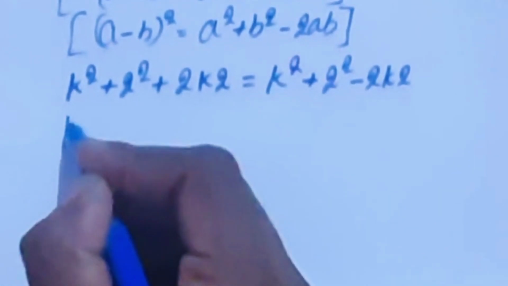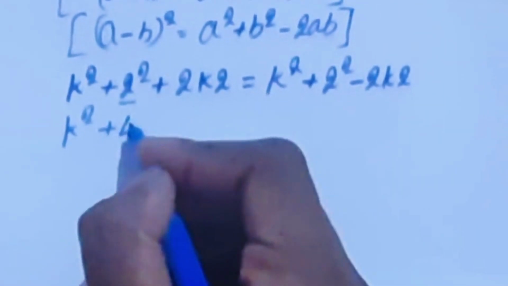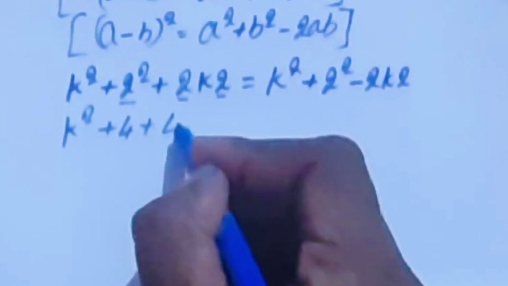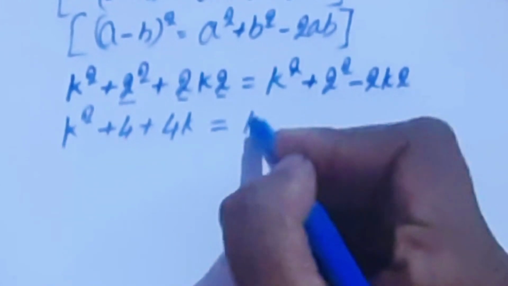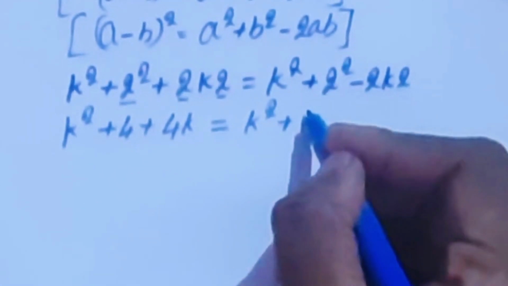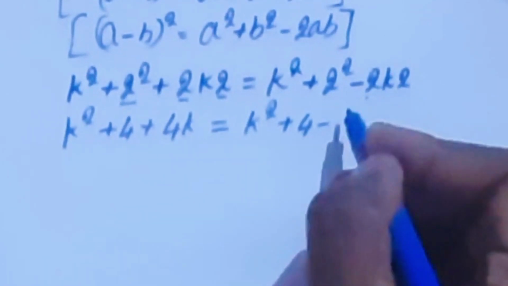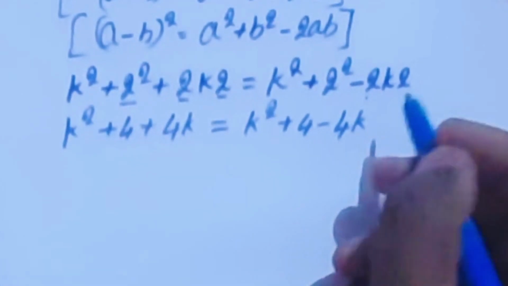Now k square plus 2 power 2 is 4, plus 2 times 2 is 4k, equal to k square plus, on the right hand side, 2 square is 4, minus 2 times 2 is 4k.